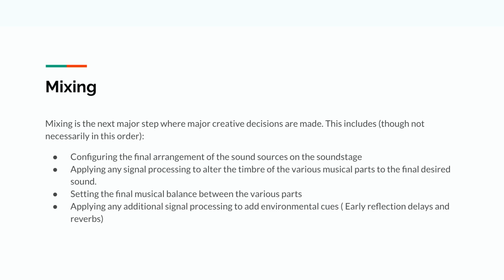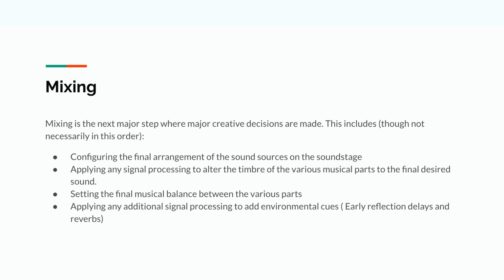It could include adding various reverbs or delays, echoes to sounds to create a more interesting sound that better serves the music and that better matches the goals of the producer or the performers. And the mix process also includes setting the final musical balance between the various parts. So this tends to be what a lot of us think of when we think of mixing, moving the faders up and down until it sounds good and you get a good musical balance.